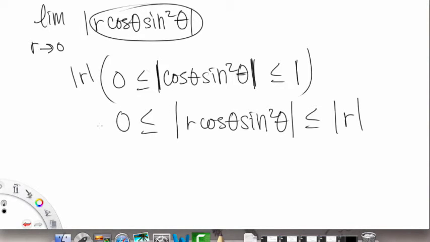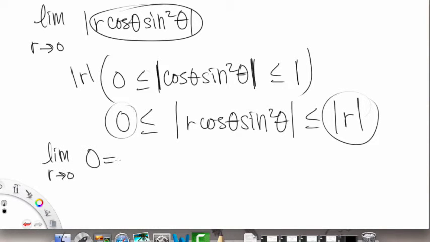So let's find the limit of the outer functions. The limit as r goes to 0 of 0 is simply 0, and the limit as r goes to 0 of the absolute value of r is also 0. So by the squeeze theorem, I'll rewrite this on the next slide so we have enough room to write our conclusion.